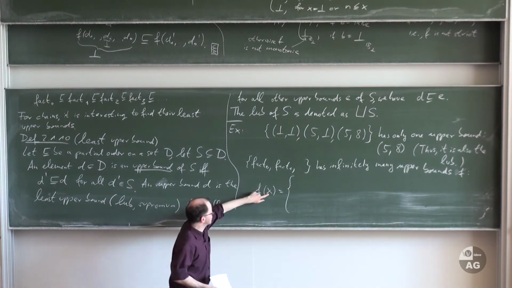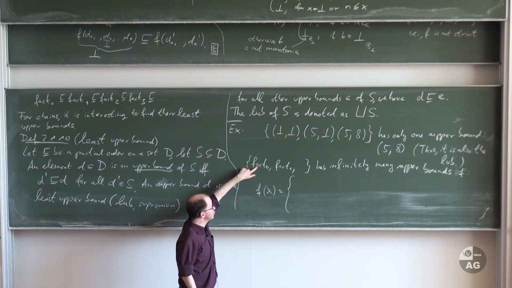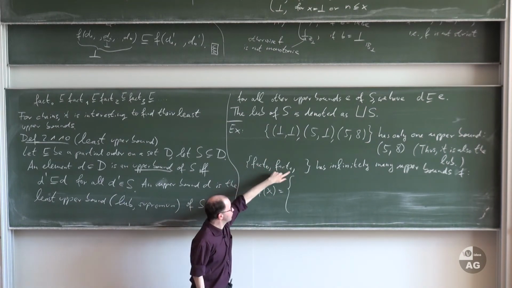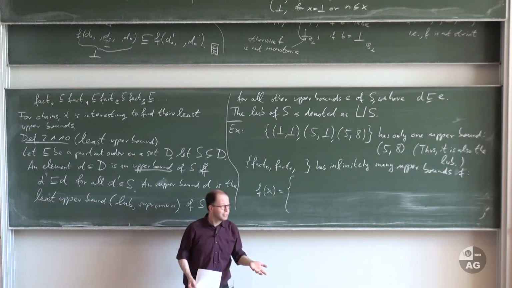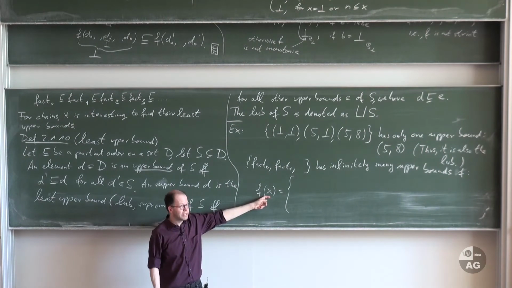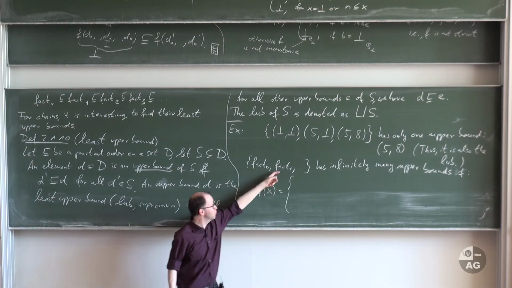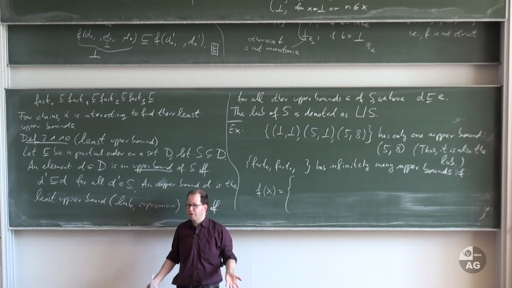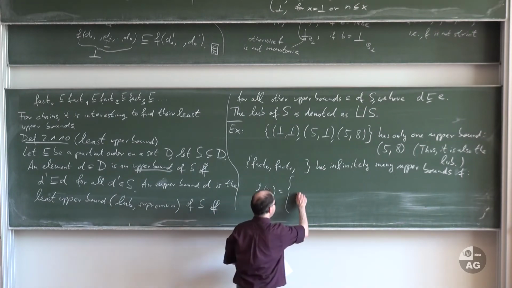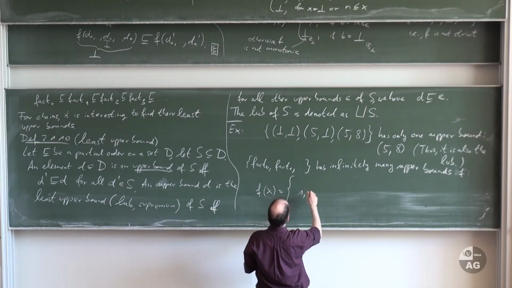So if x is negative, then fact 0 gives you bottom, fact 1 gives you 1, fact 2 gives you 1, fact 3 gives you 1, and so on. And so to be an upper bound, this should be greater or equal to bottom, and to 1, and to 1, and to 1. So there's not much choice. It must be 1. So for negative numbers, this function must return 1.